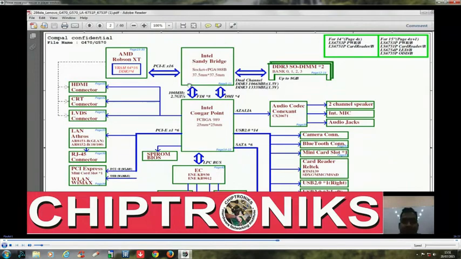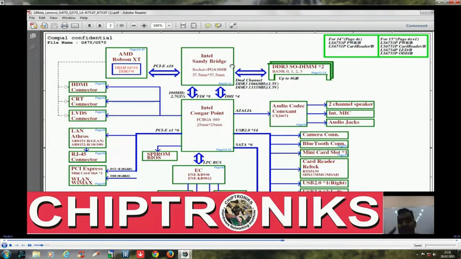You see here it's Intel Sandy Bridge. What exactly is Sandy Bridge? Intel released various versions of its i3, i5 and i7 processors. The first version of the i3, i5 and i7 processors were called Nehalem processors, and that was 45 nanometer technology. This is the manufacturing technology.